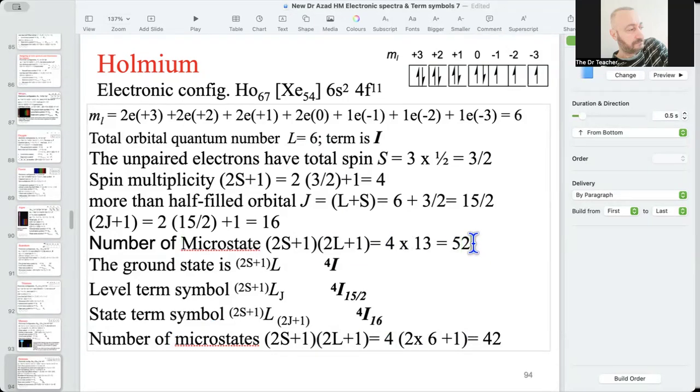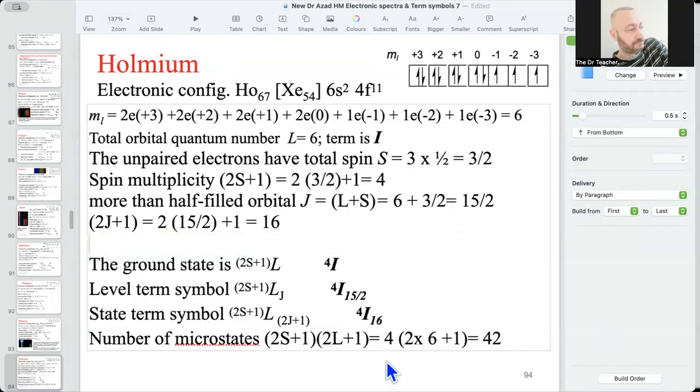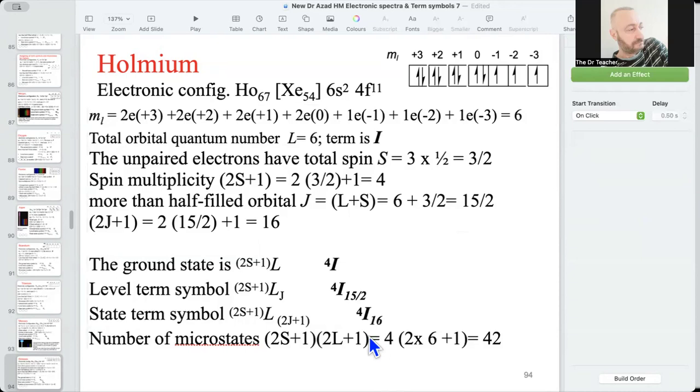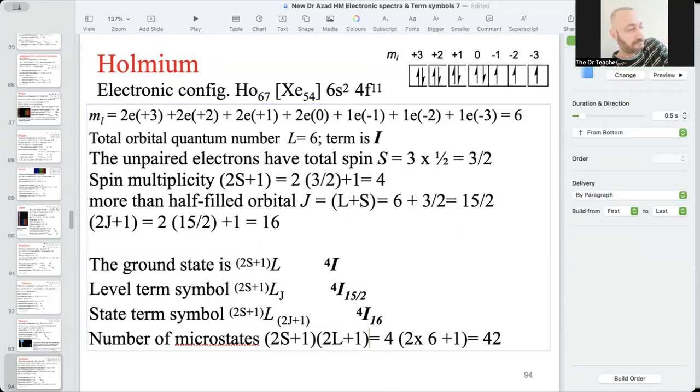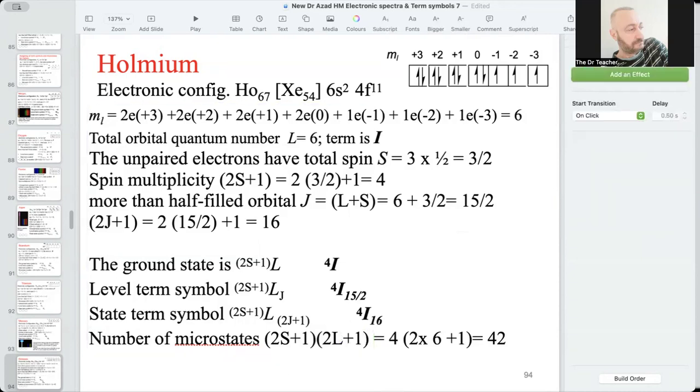This shouldn't be repeated. Now we have the number of microstates here, and everything is sorted. So what does 52 mean? It means we have 52 ways to arrange these 11 electrons in the f orbital.